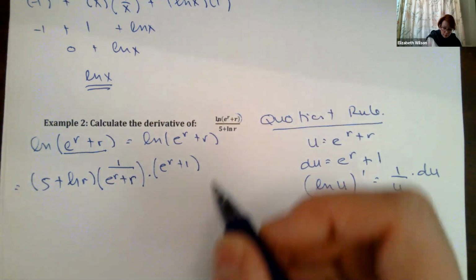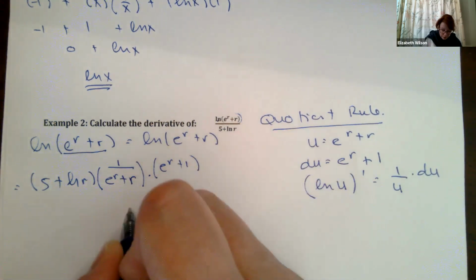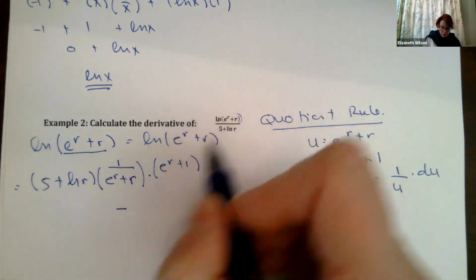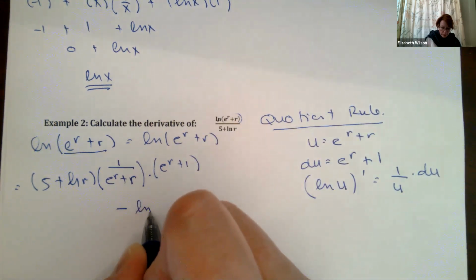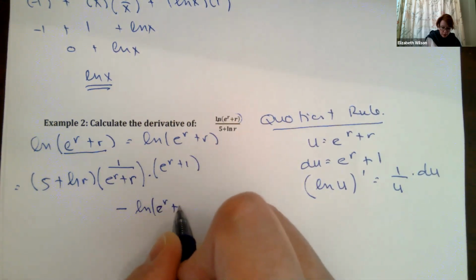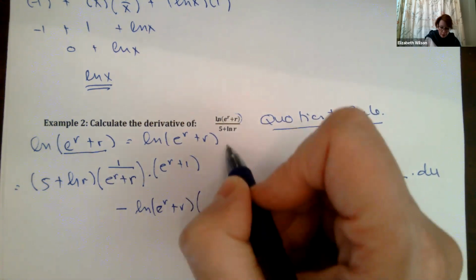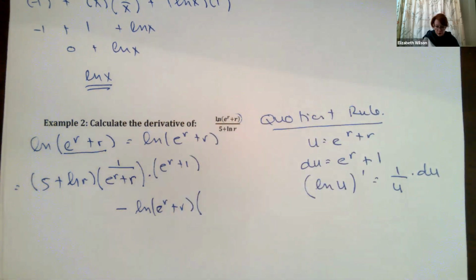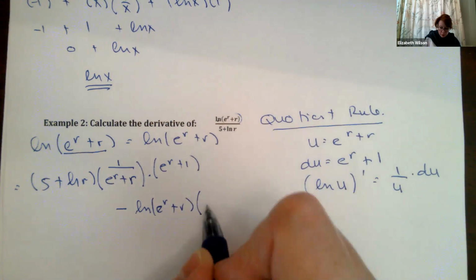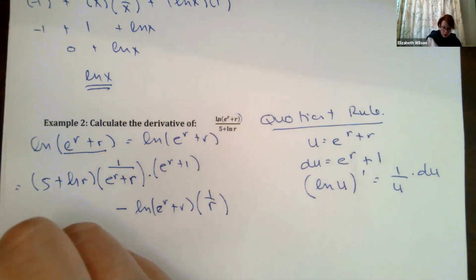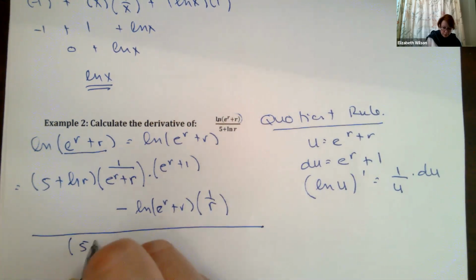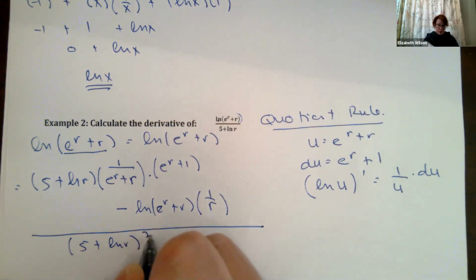Okay, minus the top, ln of e to the r plus r, times the derivative of the bottom. The derivative of 5 is 0. Derivative of ln of r is 1 over r. And that's all over the bottom quantity squared.